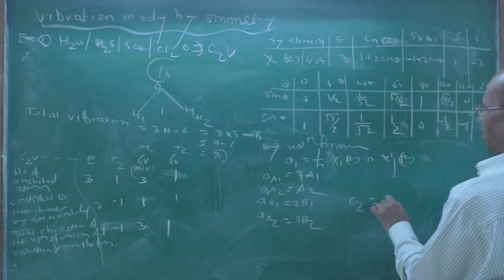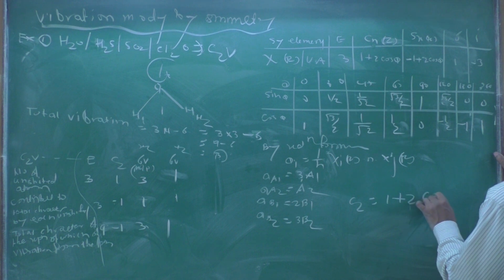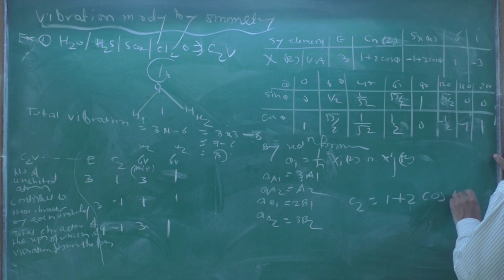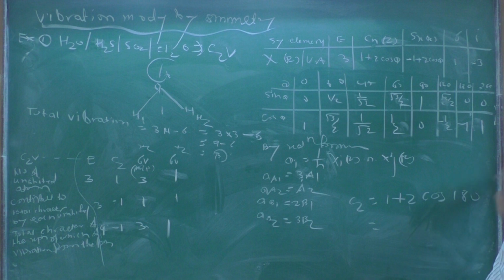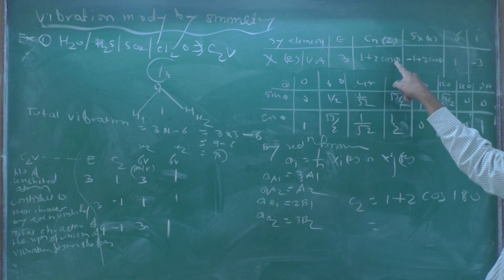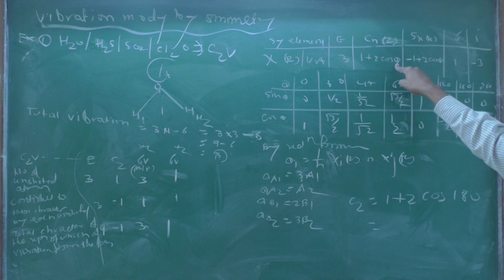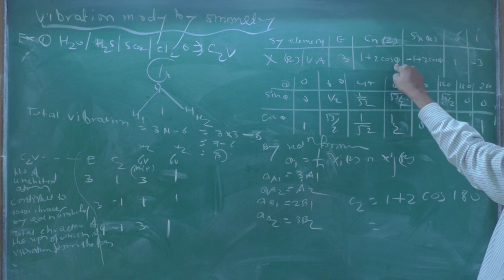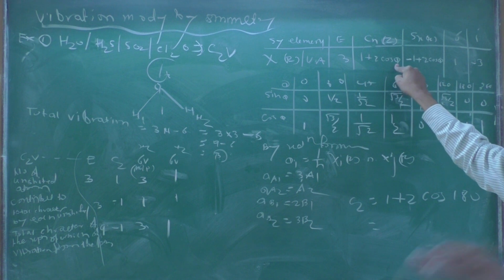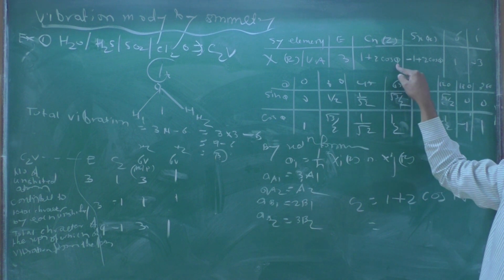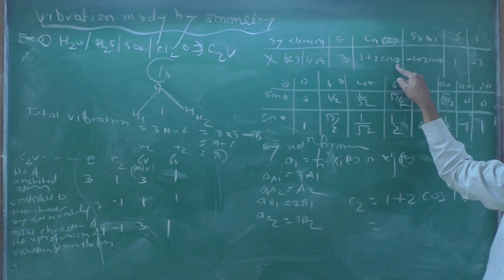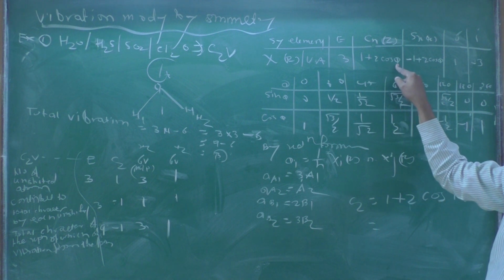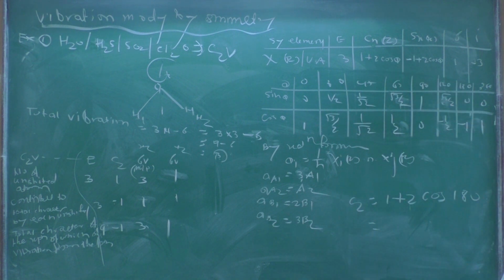C2 is equal to 1 plus 2 cos theta, C2 means 180. We have to substitute the value of theta: C2 and C3 mean 180 and 120, then 90, 72, 60, these values are there. So here C2 is nothing but the 180 angle.